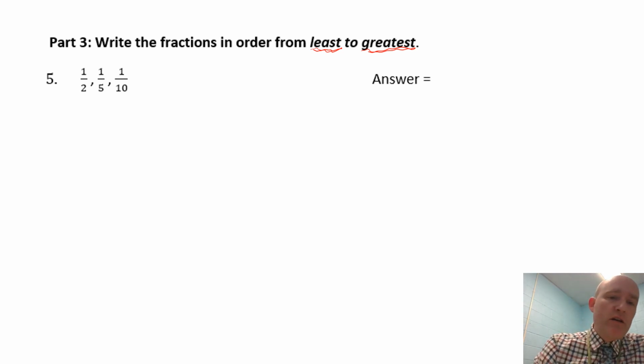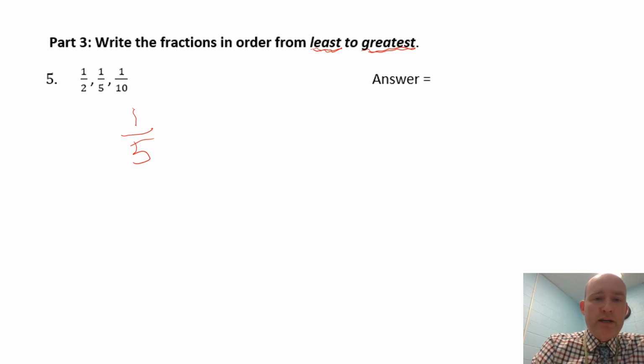Well, let's see. First thing we notice we can do is factor to get them all common denominators, and that is really key, guys. So I know we can factor 1/5 and 1/10. Well, we know we can get 5. 5 divided by 5 is 1. 10 divided by 5 is 2.